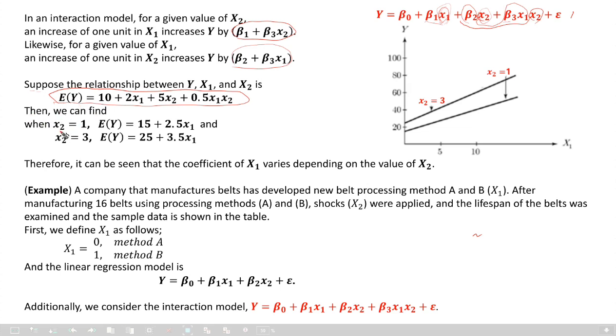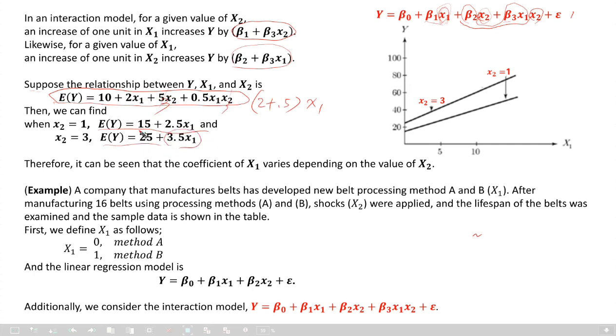Then we can find, for x2 equal to 1, 10 plus 5 gives 15, plus 2 plus 0.5 x1, because x2 equals 1. For x2 equal to 3, 10 plus 15 is 25, and the slope is 2 plus 1.5, which is 3.5 x1.